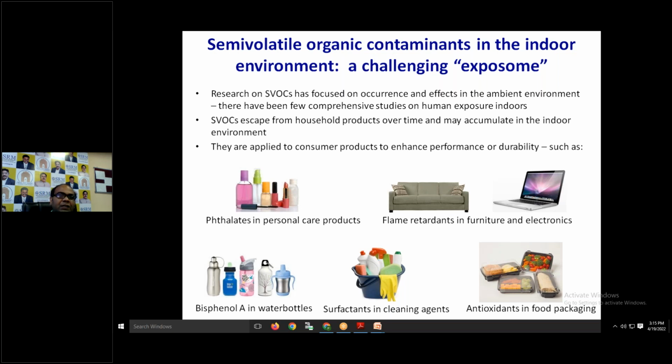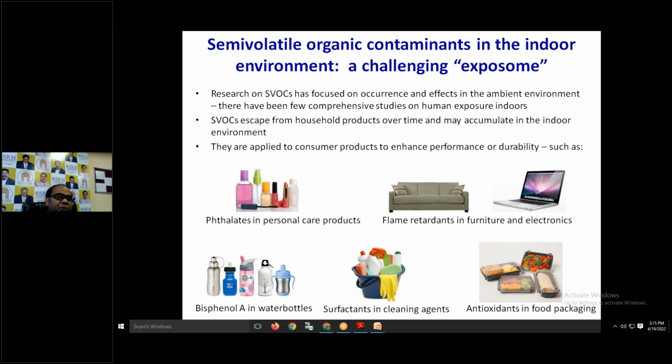exposomics. You can see here some semi-volatile organic contaminants in the environment. So many contaminants are available in the environment. So many organic contaminants are available. Some are volatile, some are semi-volatile, some are non-volatile.